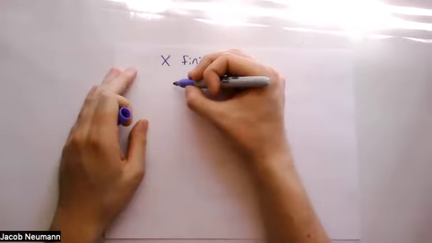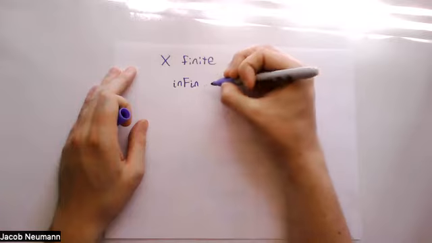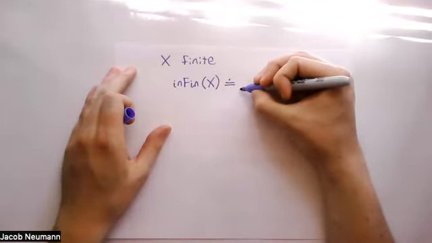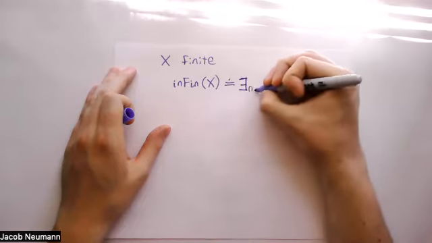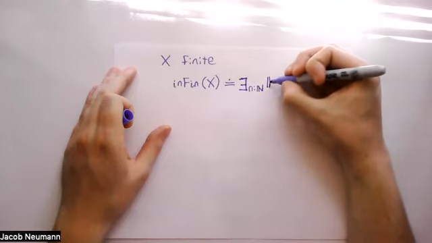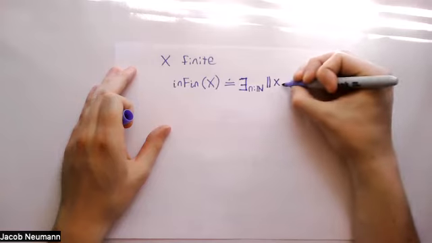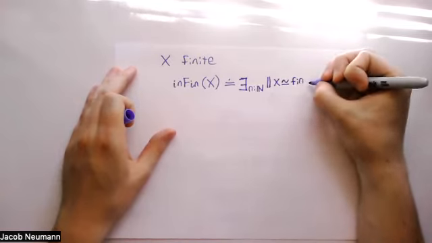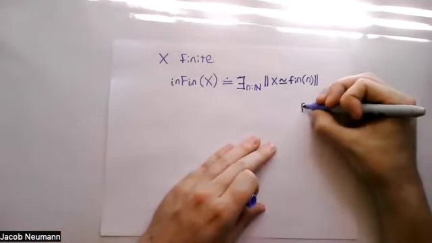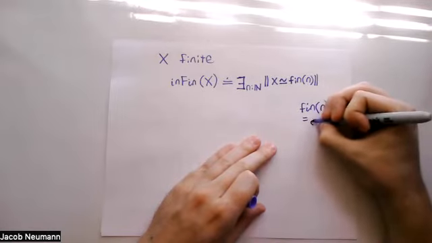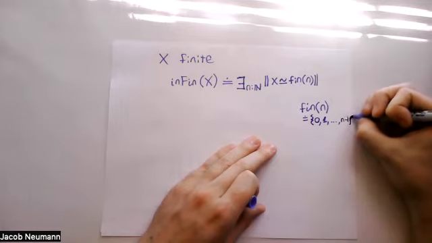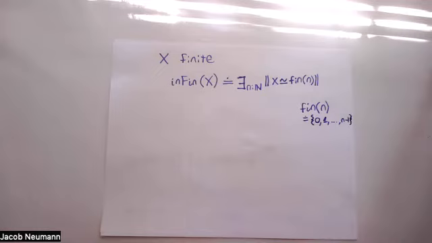Remember that is finite of some type X is the statement that there exists a natural number n such that merely X is equivalent to Fin n. For Fin n, I'll take that to be roughly the type of 0, 1, up to n minus 1. That's what I'm taking Fin n to be defined as.